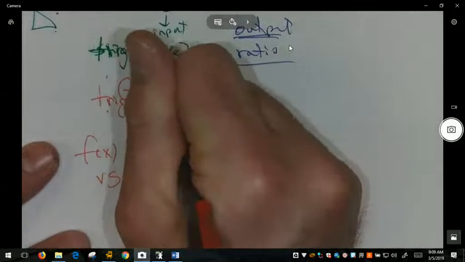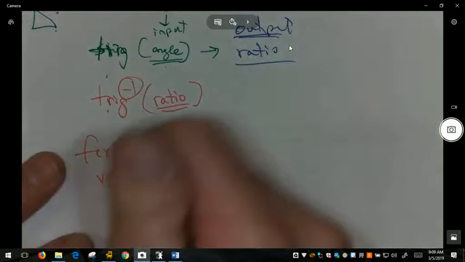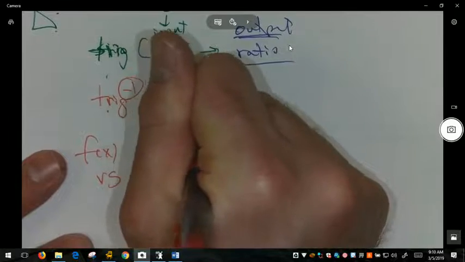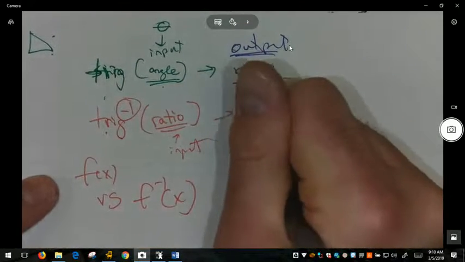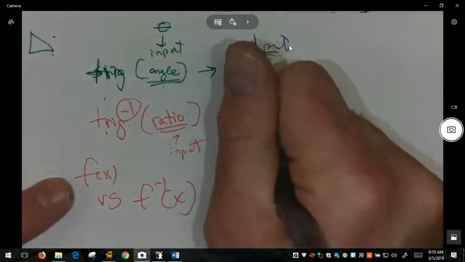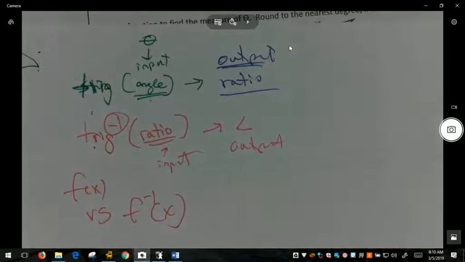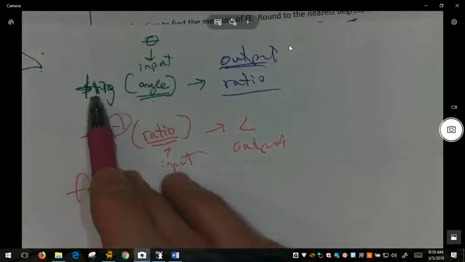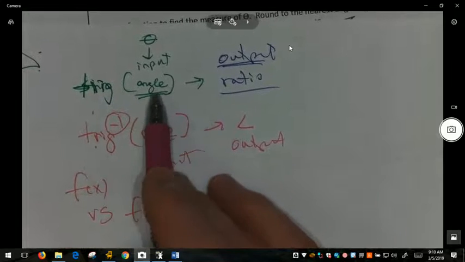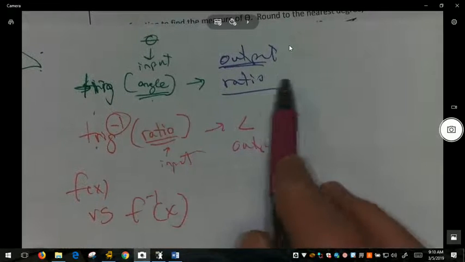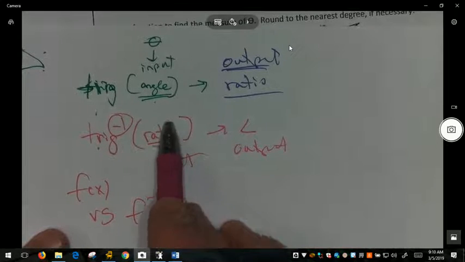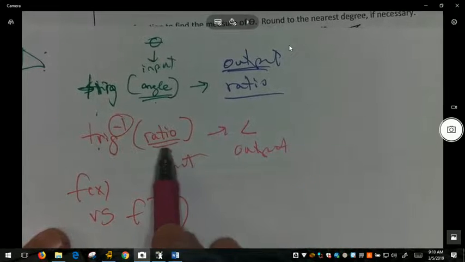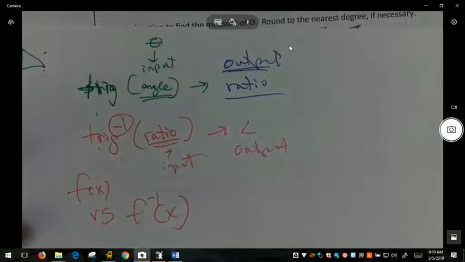If you put in the ratio of the trig function as your input, then your output is the angle. So if you tell your calculator, hey, I'm doing sine, tell me of 20 degrees, what's the ratio? It will tell you. If you say, hey, I have sine and I know the ratio and I want to know the angle, then you don't do sine, you do sine inverse.